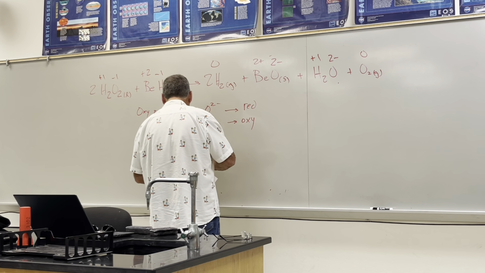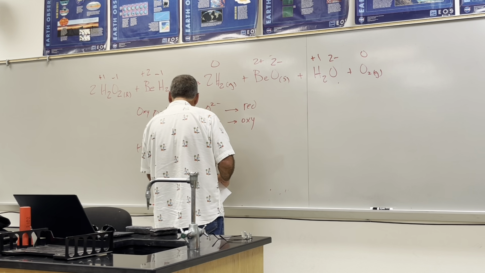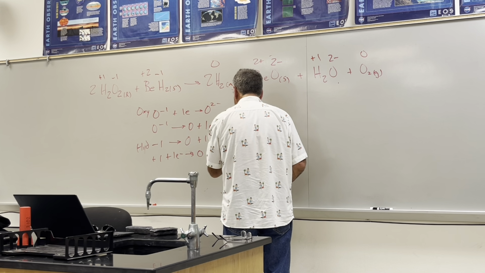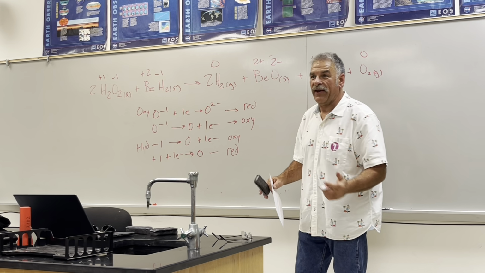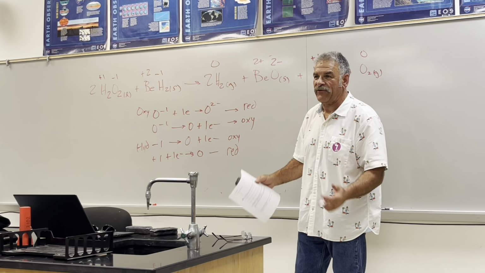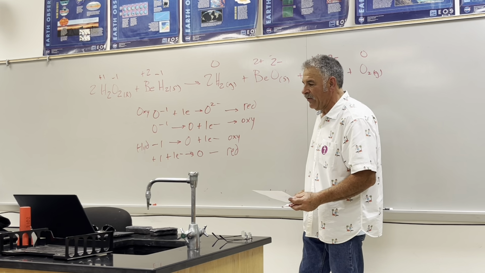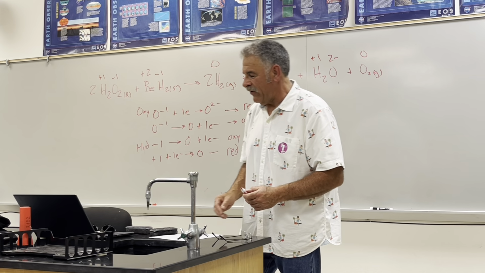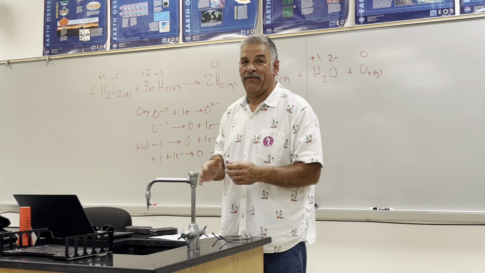So to do that, you have to add 1 here. So hydrogen is also oxidized and reduced. So hydrogen is an oxidizing agent and a reducing agent. Oxygen is an oxidizing agent and a reducing agent in the same equation, which is what makes peroxide so unstable, right? If you can go either direction, you're not stable.